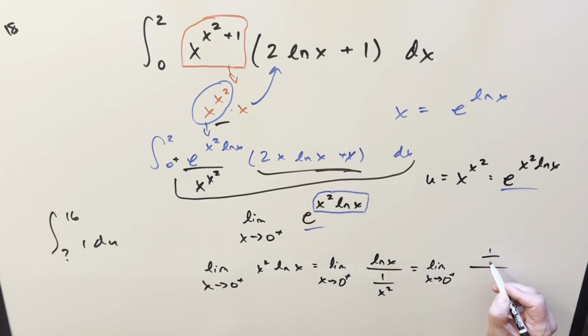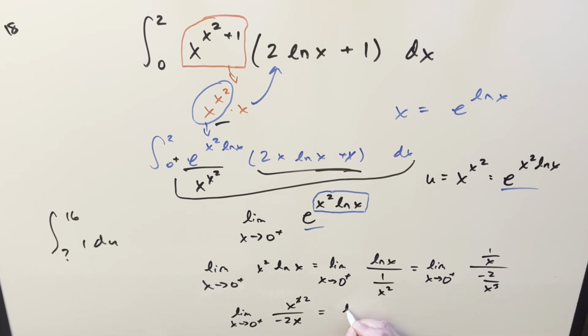The derivative of ln x is 1 over x. The derivative of 1 over x squared is minus 2 over x cubed. Then flipping this fraction, we end up with x cubed over minus 2x. Cancel an x, and this becomes minus x squared over 2.